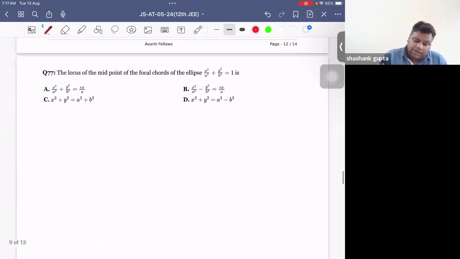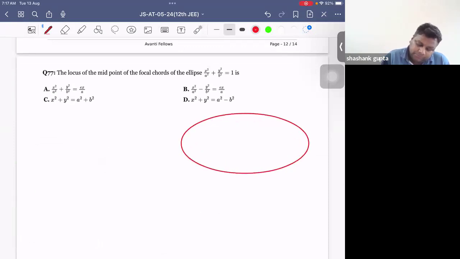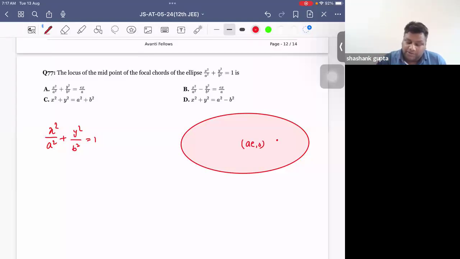All right, see, there is an ellipse x square upon a square plus y square upon b square equals 1. There is a focus, say it is AE comma 0. There is another focus, minus AE comma 0. This is a focal chord. They are asking for the locus of the middle point of this chord, HK.